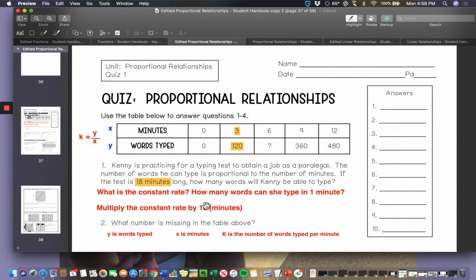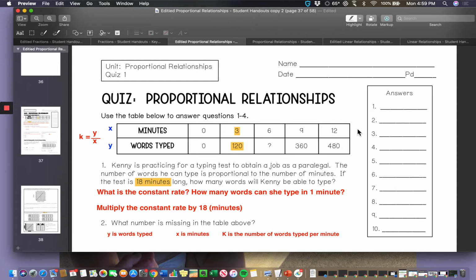The next guiding question I wrote here is, how many words can he type in 1 minute? Again, you need to figure out how many words Kenny is typing in 1 minute, and then multiply that number by 18. As you can see here on the top, we have 3, 6, 9, and 12 minutes, but we don't have 18 minutes.